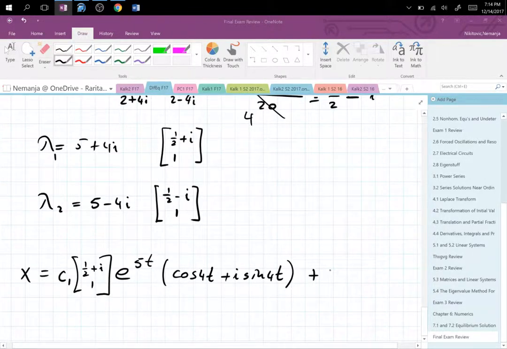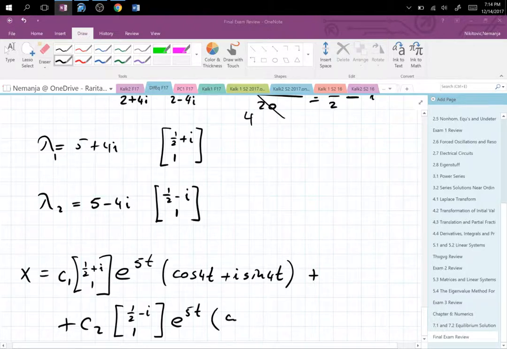So plus C2 times 1/2 minus i over 1 times e to the 5t times cosine 4t plus i sine 4t.